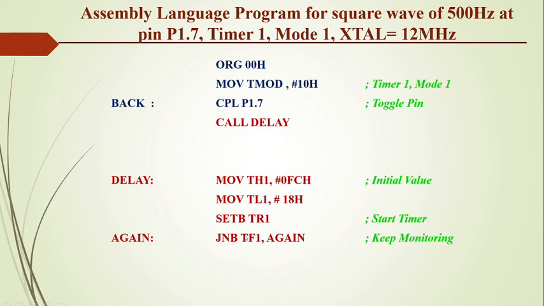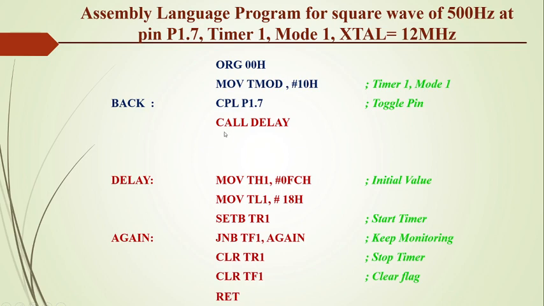And when the TF1 flag becomes 1, this condition is not satisfied, and it comes out of the loop. We use the instruction CLR TR1, which stops the timer by making the TR1 bit equal to 0. Next, for the next round, we clear the flag TF1, making it equal to 0. The instruction RET is the return from subroutine.